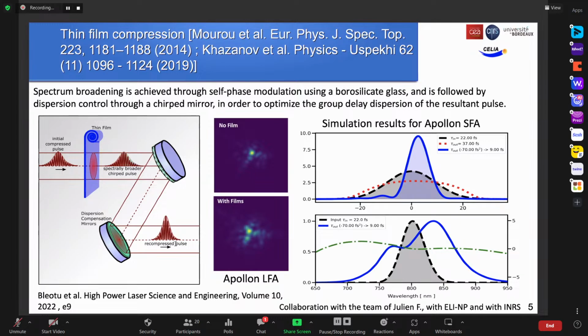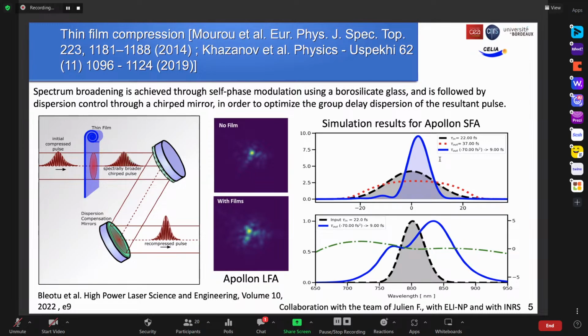And more recently, the group of Daniel Gruszewski and Gabriel Beotu at LINP did similar studies at Apollon on the long focal area, and also at LINP, where they were also able to observe a shortening of the laser pulse. For now, theoretically it can go to a single cycle compression, but we're still at few-cycle compression. Still, these were promising results.